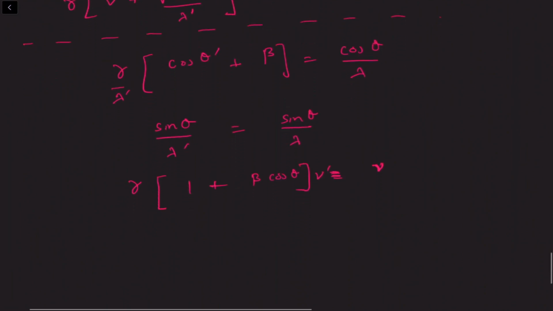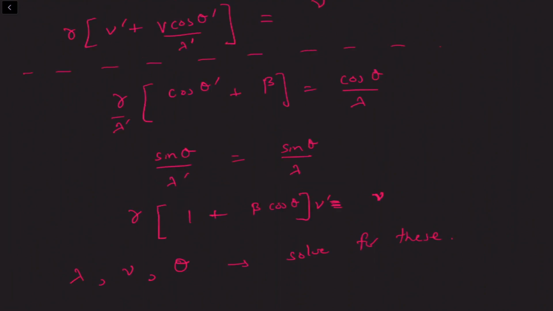Okay, so there are three things that we want to solve for. We don't know the wavelength as measured in frame S. We don't know the frequency as measured in frame S, and we don't know what angle theta the wave makes with respect to the x-axis in frame S. Okay, so we need to solve for these. Sorry, just some primes missing over here. There's a prime over here, and there's a prime over here.